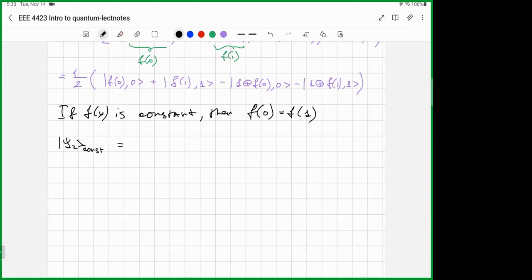If the function f is constant, then it is as follows: 1 over 2, f(0), 0 plus f(0), 1 minus 1 plus modulo f(0), 0 minus 1 plus modulo f(0), 1.